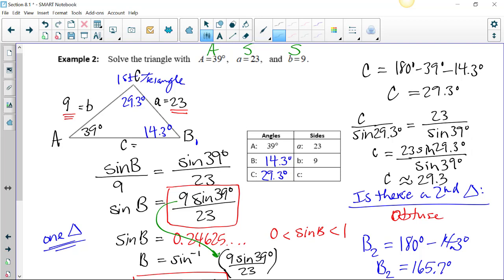Sorry, that's the side. I apologize. This one should not be 29.3. I should have noticed that, but no, I didn't. I'm in too big of a hurry. This is 126.7.